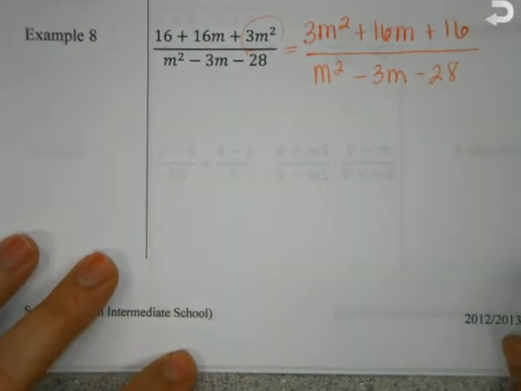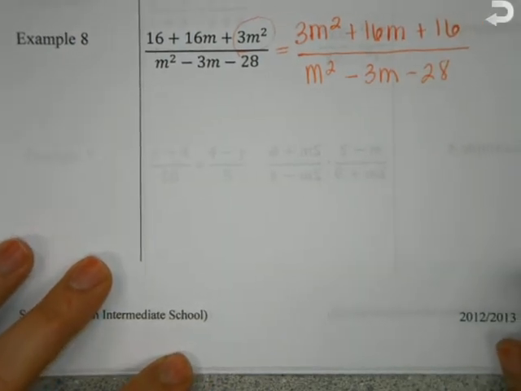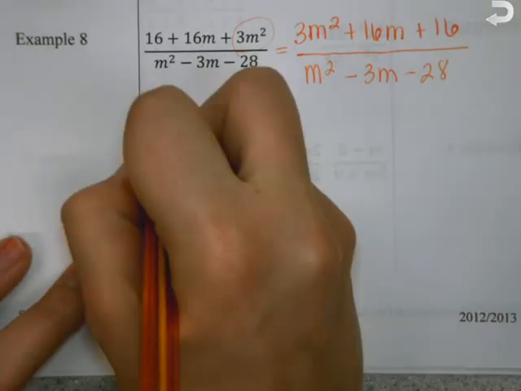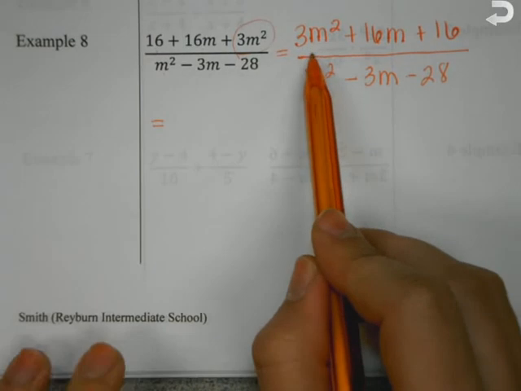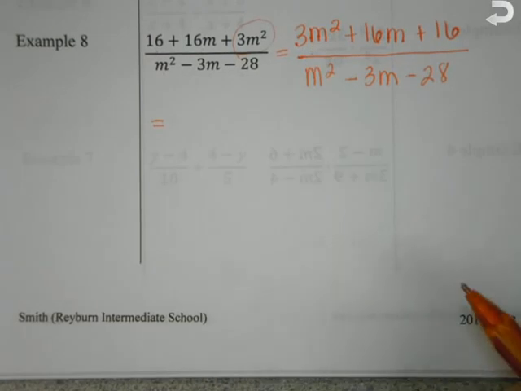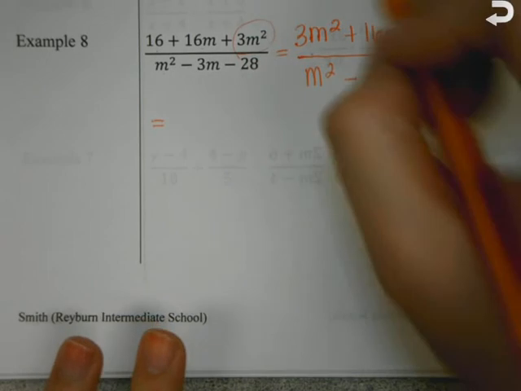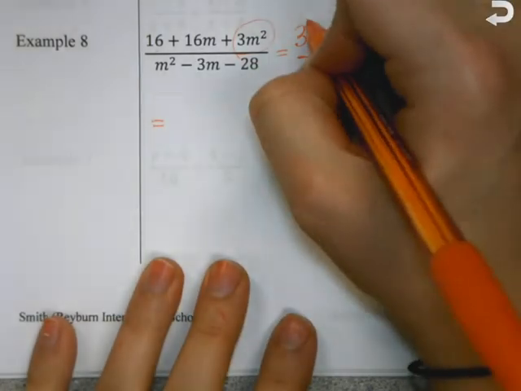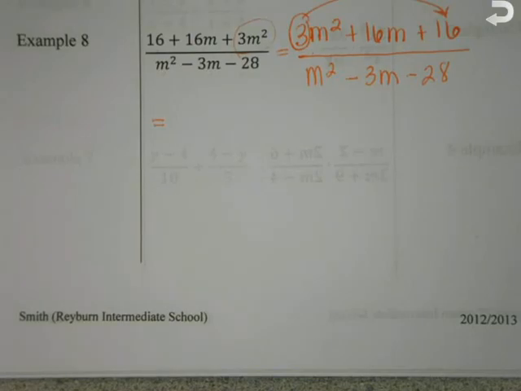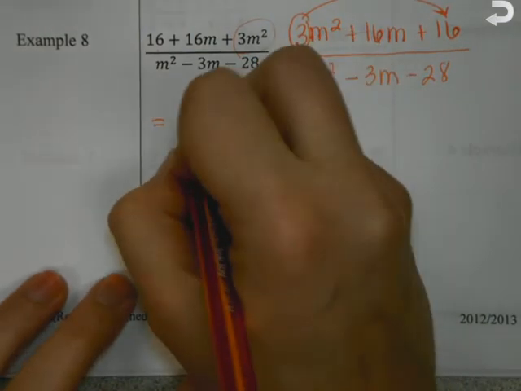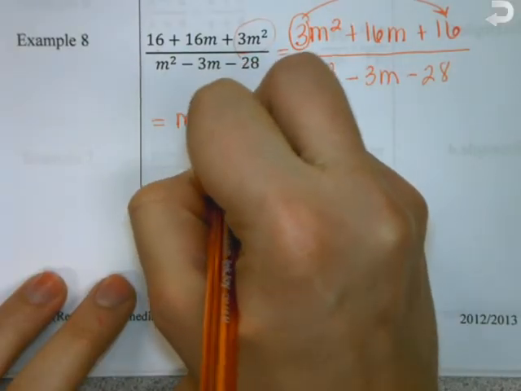So now I have to factor the numerator and the denominator. Look at the numerator, guys. What method is that? It's bottoms up. So what's the first step of bottoms up? Multiply the 3 times 16. So in the numerator, I'm going to get m squared plus 16m plus 48.